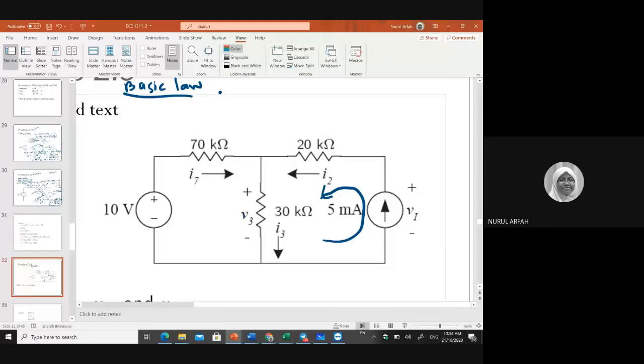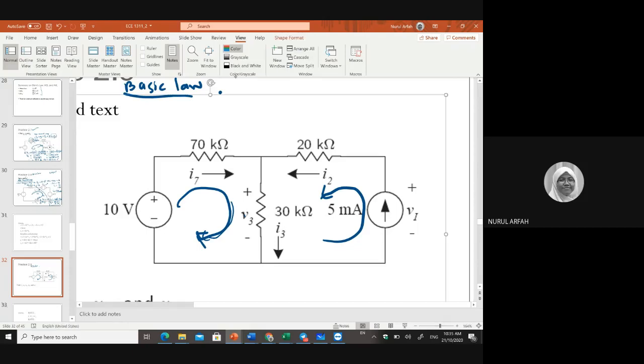Follow the current source. Okay, good. Now, what about the left side? Clockwise. Right, yeah, both can. You want to apply anti-clockwise, okay. If you want to follow passive sign convention for this one, yes, you can do this. Or if you want to follow this, yes, you can do this. Or the other way also can. But you need to observe your passive sign convention.